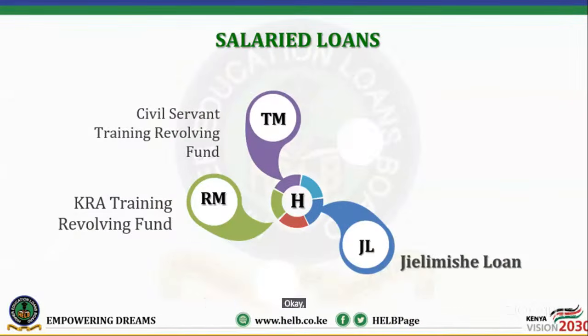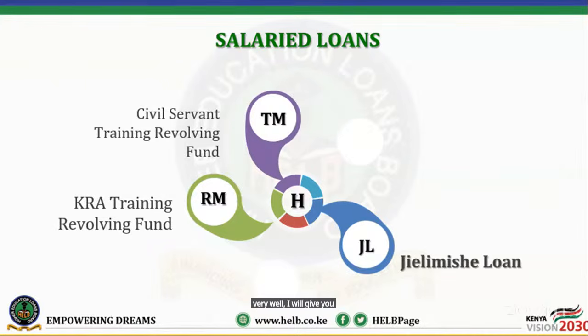Now, salaried loans. We do have the GLIMISHE loan. The GLIMISHE loan is a HELB initiative for the salaried students. And then we do have the Civil Servant Training Revolving Fund. The civil servants will here benefit very well.